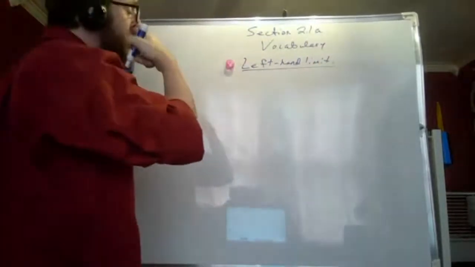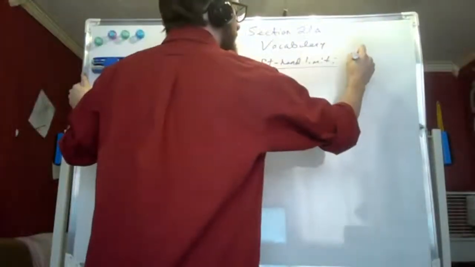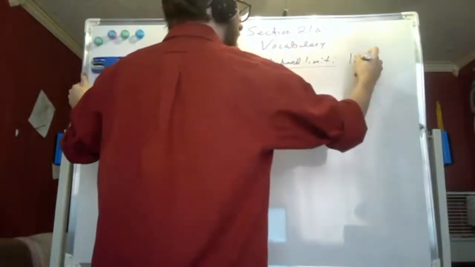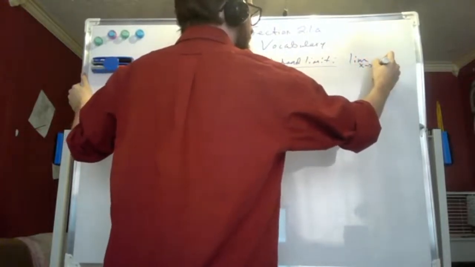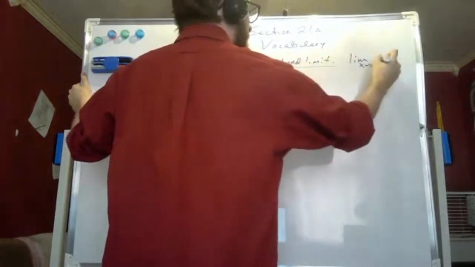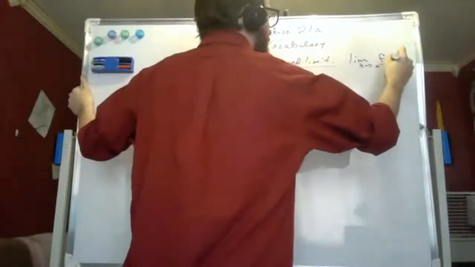Now when we have this written out symbolically, this will be written as lim for limit as x approaches some value a, and I'm going to put a negative for the left, for a function f of x.